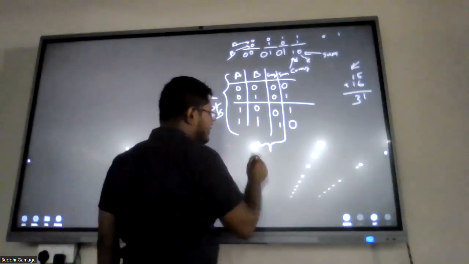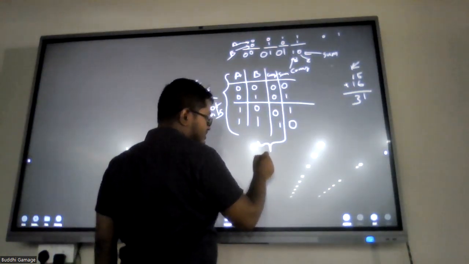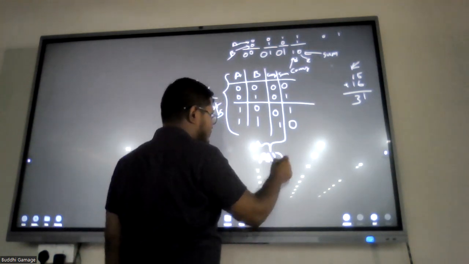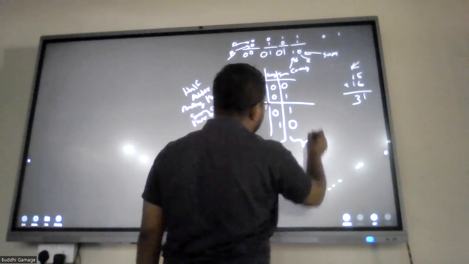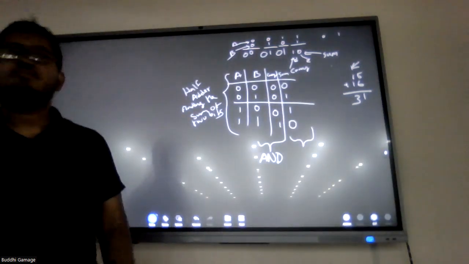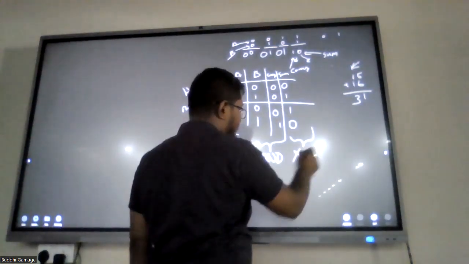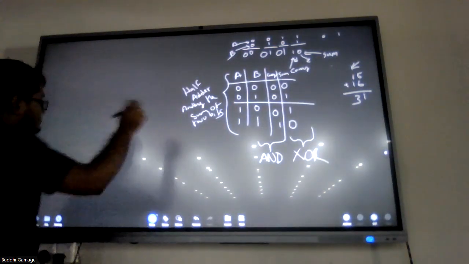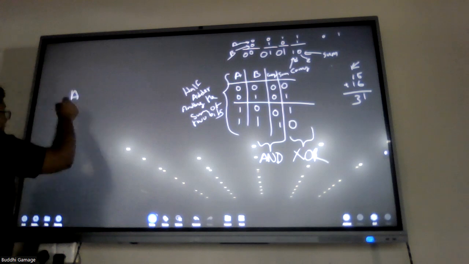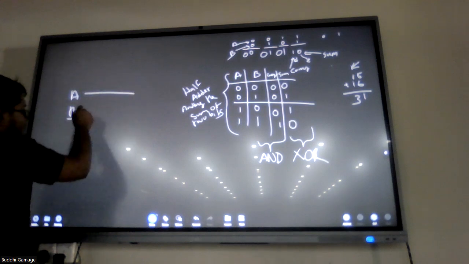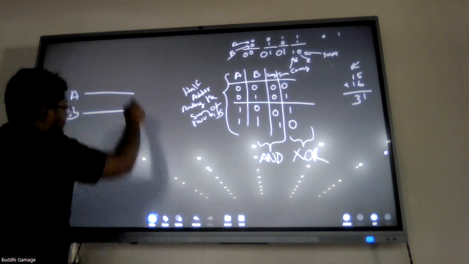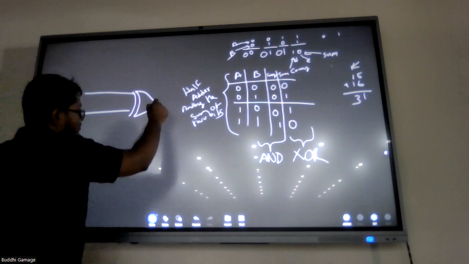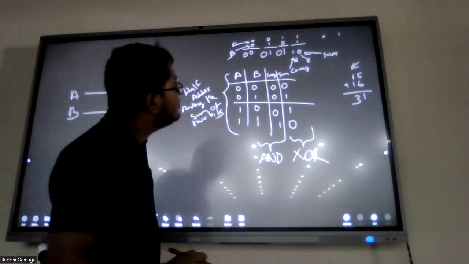So this carry bit can be represented by an AND gate, and this bit is XOR. So let's say this is A and B. So XOR, and the output is sum.